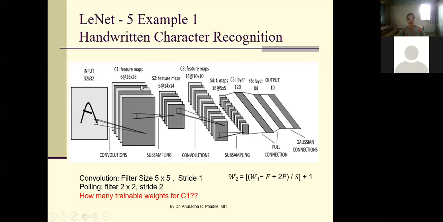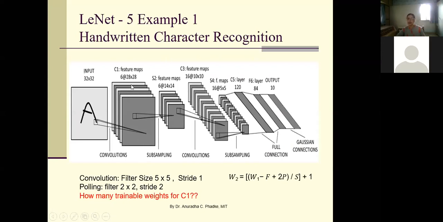So for layer C1, just tell me how many trainable weights are there. Whatever your filter coefficients are, those are the trainable parameters for your convolution layer 1. Why?